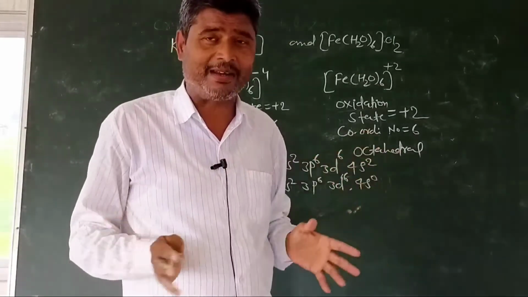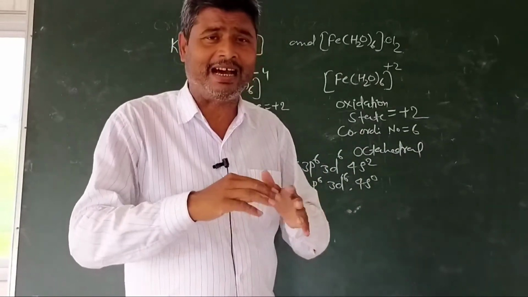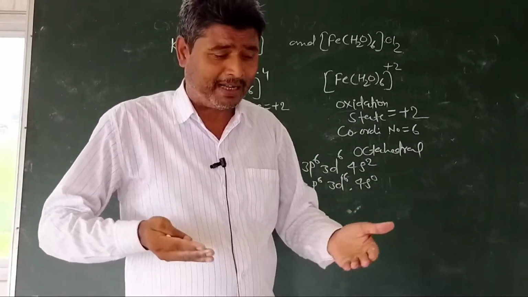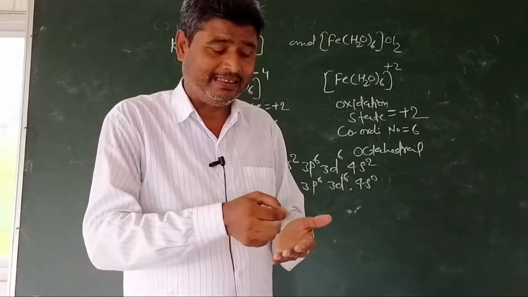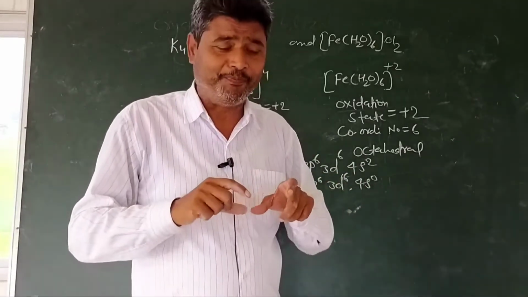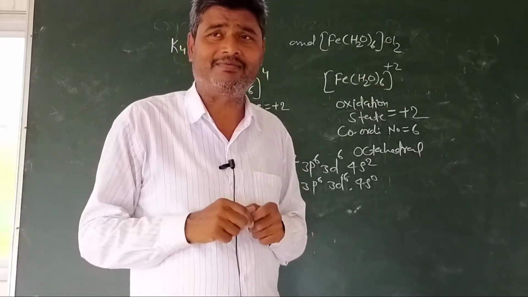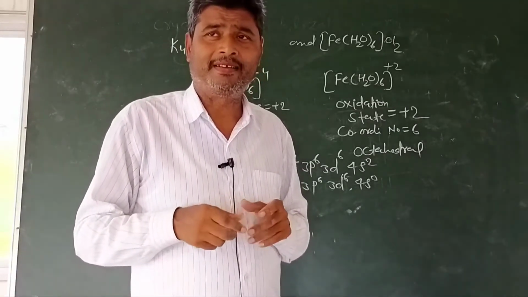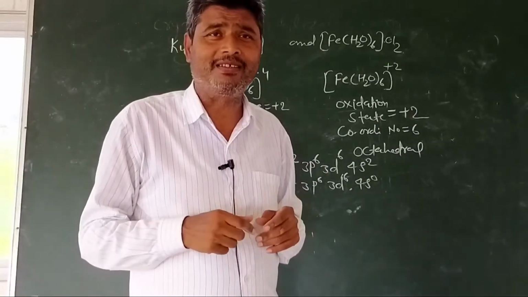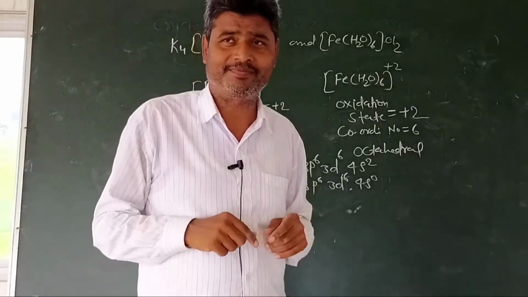The non-axial orbitals dxy, dyz, dzx are not present in the path of the ligand. Hence, they experience minimum repulsion and acquire low energy, that is the T2G set.